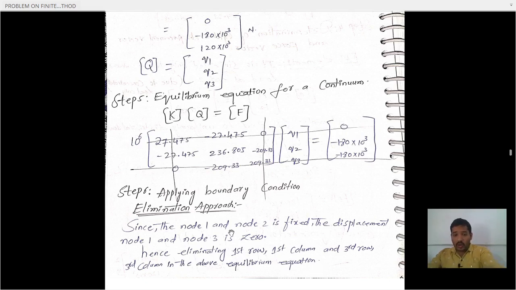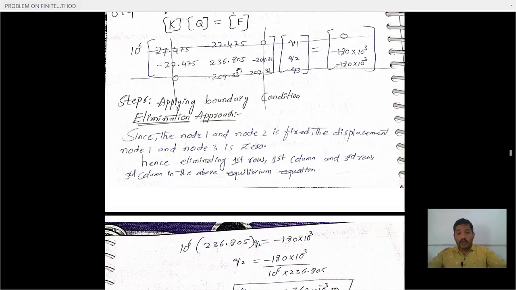If node 1 and node 3 are fixed, then the Q1 and Q3 values become 0. For that reason, we need to eliminate the first row, first column, third row, third column.